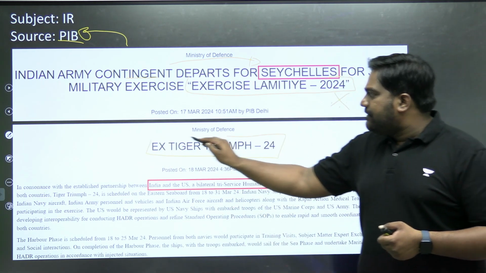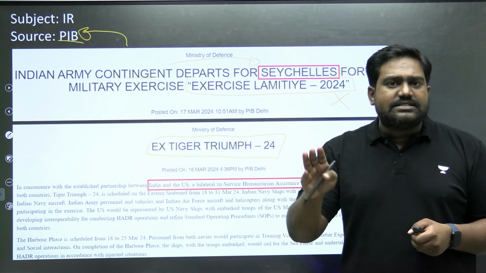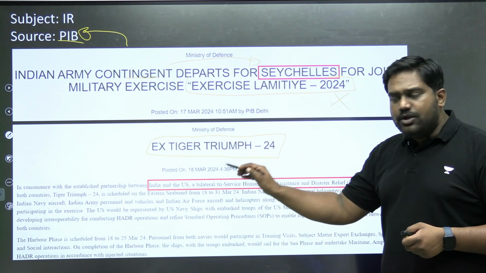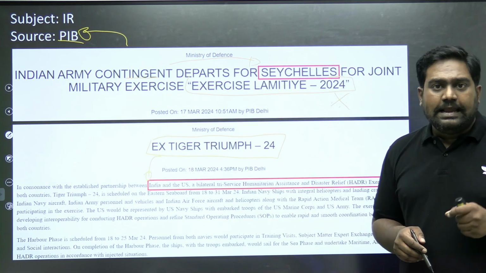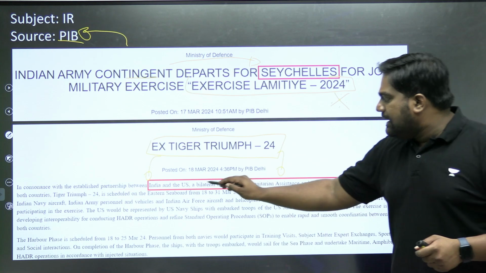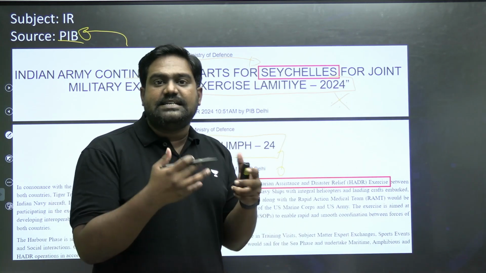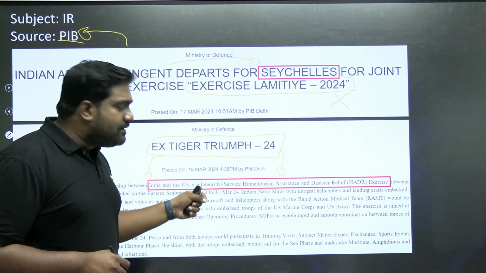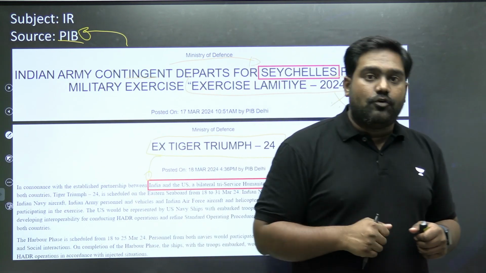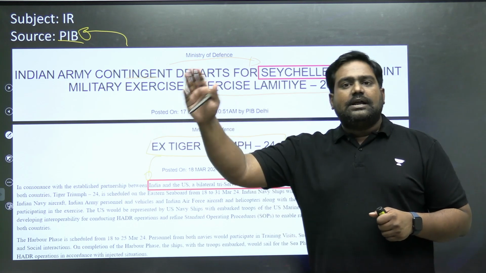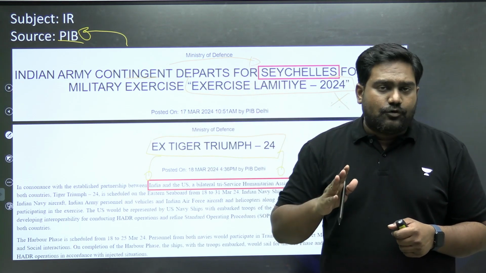Then India, US have launched a new military exercise. Apart from all the military exercises they have launched a new exercise called Tiger Triumph. The first edition has been held, and it is a bilateral tri-service humanitarian exercise focusing on disaster management. It brings all the three services together: Indian Army, Indian Navy, Indian Air Force, and as well as the tri-services of US, the US Army, the US Navy, and US Air Force.